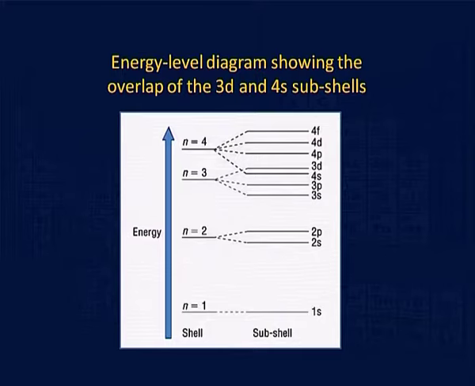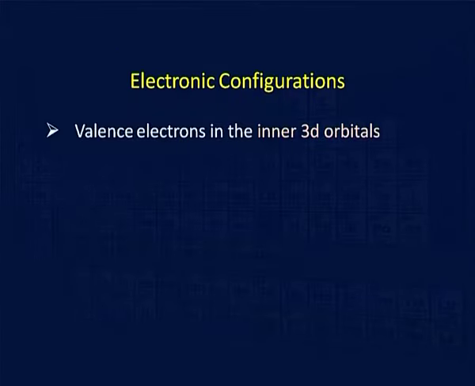So, this diagram explains how the energy of the 4s subshell lies lowest compared to the 3d, and therefore the valence shell 4s is occupied with electrons first, and then electrons enter the penultimate 3d shell. Similarly, while removing electrons also, the electron will be removed first from the 4s subshell and then from the 3d subshell.